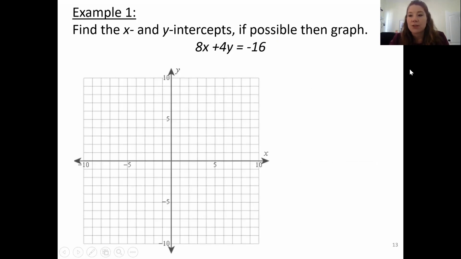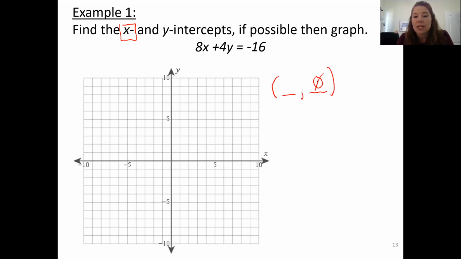So first thing we're going to do is find the two intercepts. So here we have our equation, and we're going to start with the x-intercept. So if we're going to find the x-intercept, that means that we're going to set y equal to 0. Okay, so think about our ordered pair. In an ordered pair, we have x and then we have y. Well, we're saying that y is equal to 0. So I'm going to go ahead and plug in a 0 for y. Now I'm going to multiply 8x plus 4 times 0.